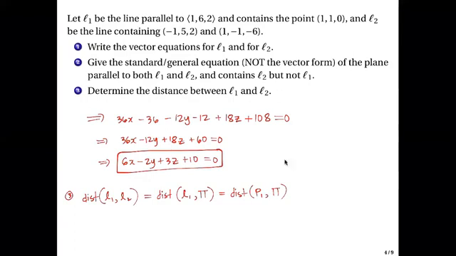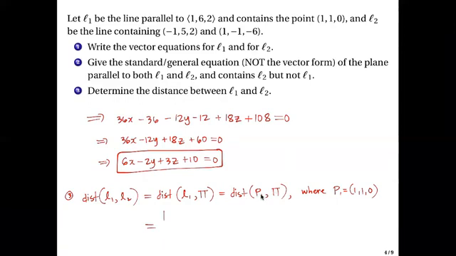But this is just the distance between the point in L1 and pi. So here, P1 will be the given point from L1, where P1 is that point 1, 1, 0. Therefore, we have the distance formula from a point to the plane.